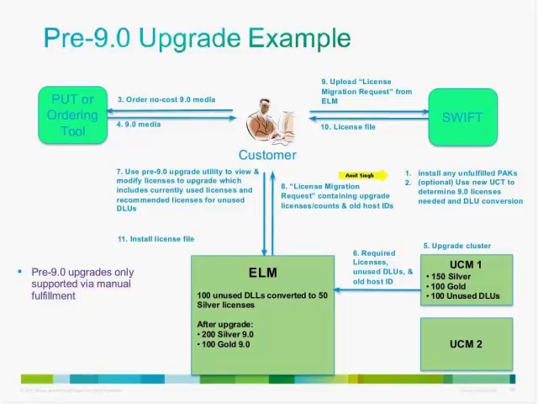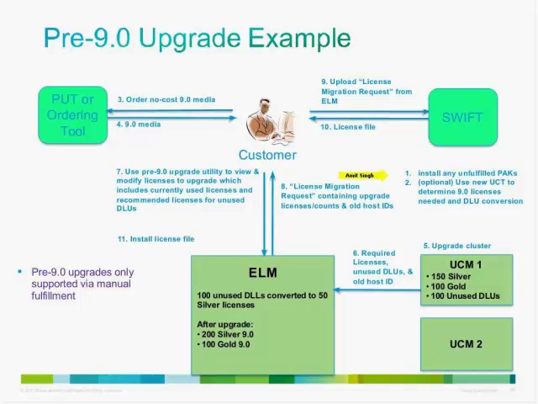Install any unfulfilled packs. If you have any product authentication keys for any old pre-9.x system, you should realize them and install them on the system. The reason is that whenever we upgrade our system to 9.x, all the license requirements are calculated at that point of time.